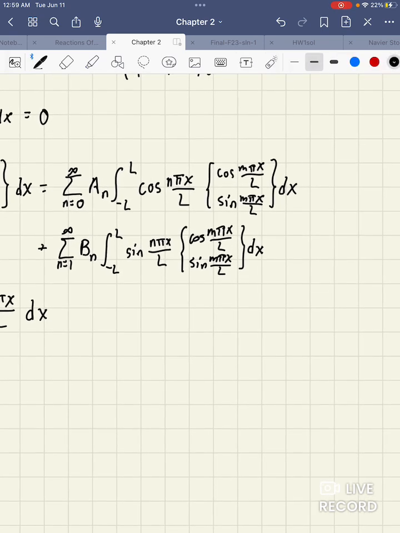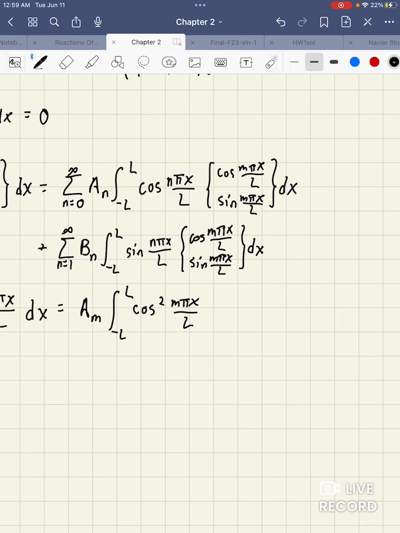So therefore we're going to have a of m times the integral from negative L to L of cosine squared m pi x over L dx.